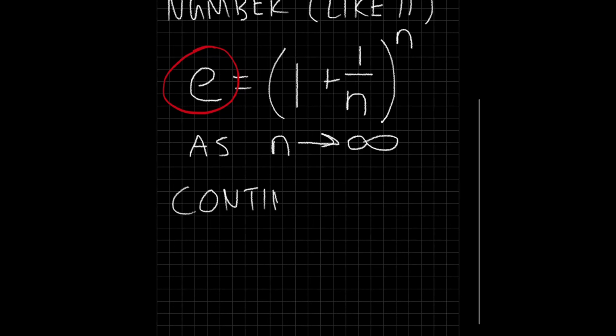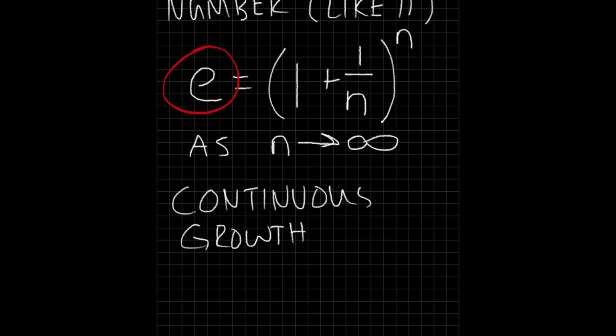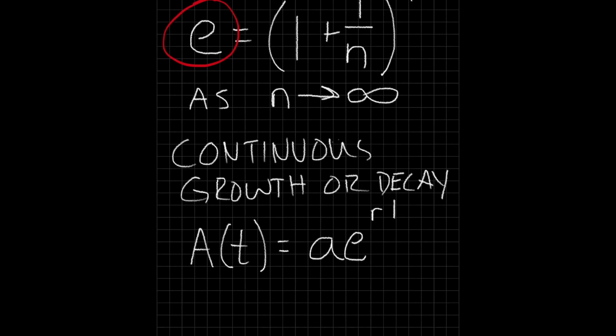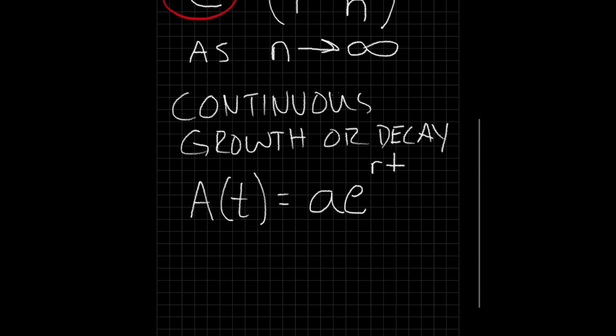So here is the formula for continuous growth or decay. I have a function, A of t is equal to A e to the rt.